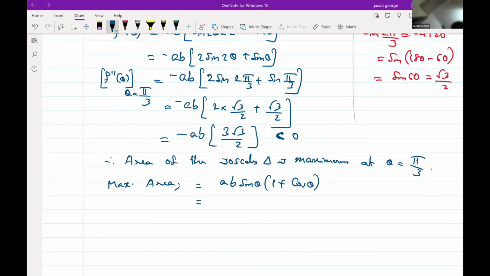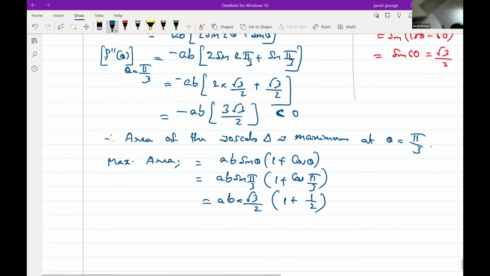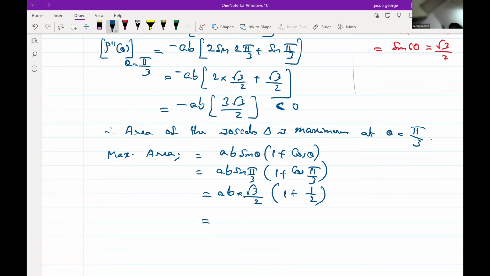There we substitute theta. AB into sine pi by 3 into 1 plus cos pi by 3. That is AB into sine pi by 3 is root 3 by 2, into 1 plus cos pi by 3, cos 60, is 1 by 2. Please simplify this. This will be the maximum area.